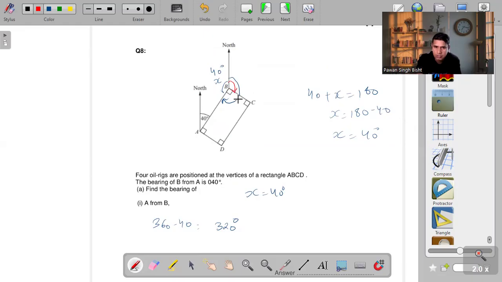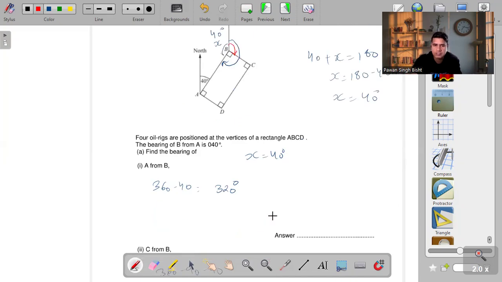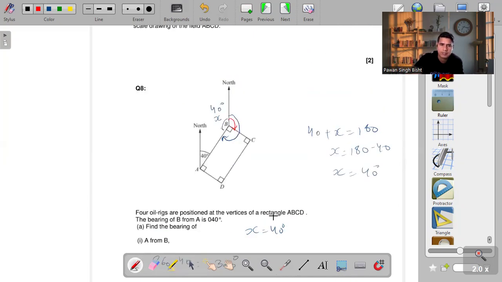So from complete circle 360, if I subtract 40 and 90, I will get this red one. Understand? So 360 minus 130, that is 230 degrees. So this is my answer for the second part, C from B.